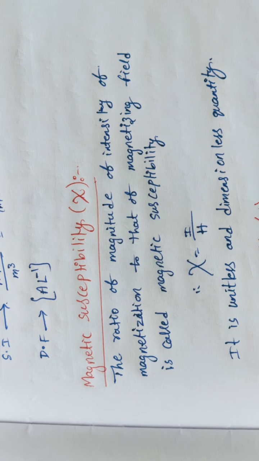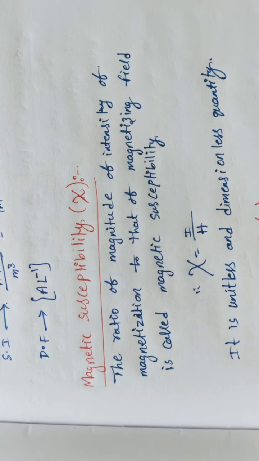Both have the same units, so ultimately both will be cancelled. So we are unable to get any units, and also unable to get any dimensional formula. Finally we conclude that susceptibility, or magnetic susceptibility, has no units and no dimensions.